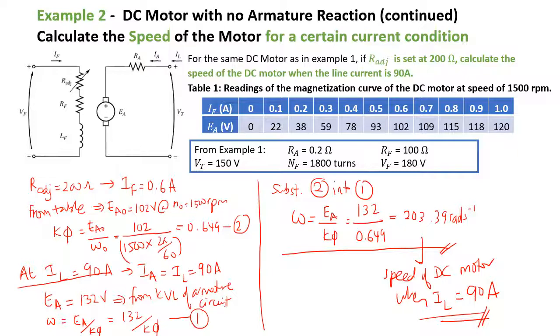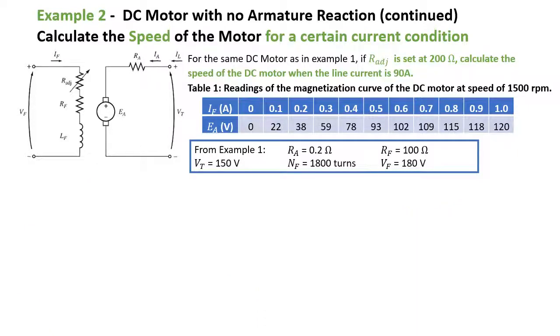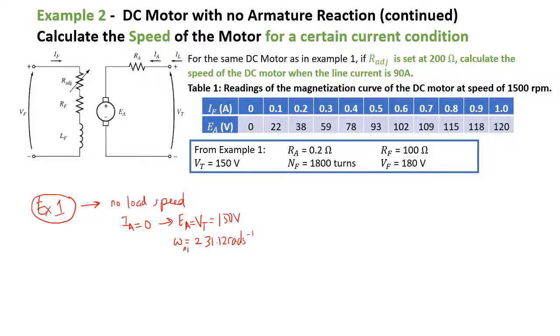Now, let us look back at what we had in example 1 and example 2. Example 1 was the same machine, but we calculated the no-load speed. At no load, IA is equal to 0, EA is equal to VT, which is 150 volts, and we got a no load speed of 231.12 radians per second.